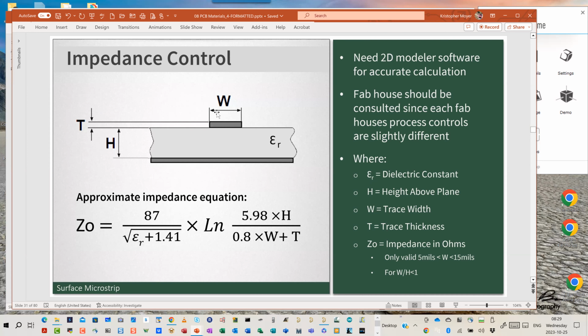So while you're designing around a nominal condition, you should always consult your fab house. They have years, if not decades, of statistical process data, databases that they use, and they know how to dial in the stack ups based off of their internal processes and what kind of adjustments they need to make.